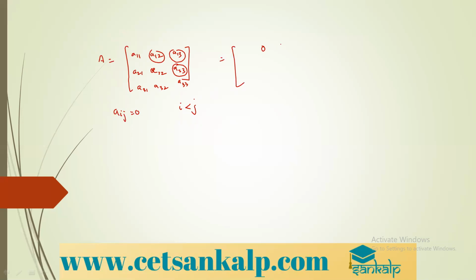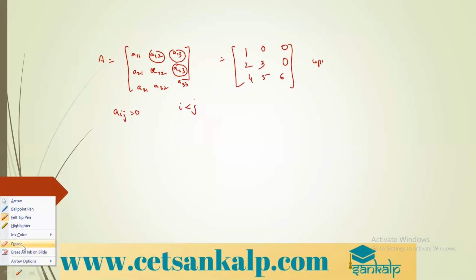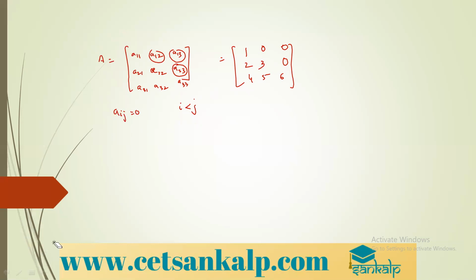That means you have 0, 0 and 0 here. Whereas you have 1, 2, 3, 4, 5, 6 numbers over here. Such a matrix is called lower triangular matrix.